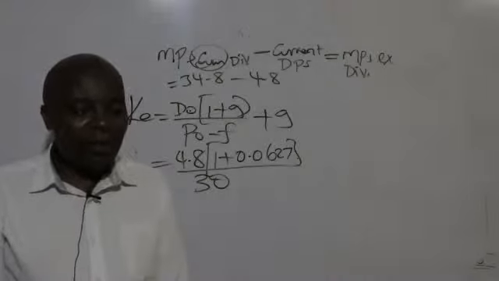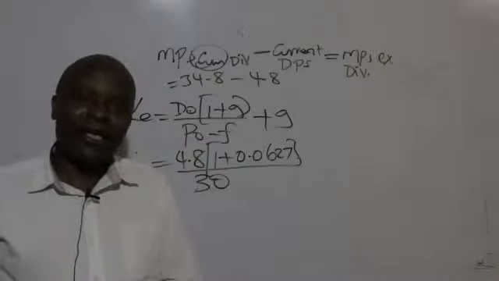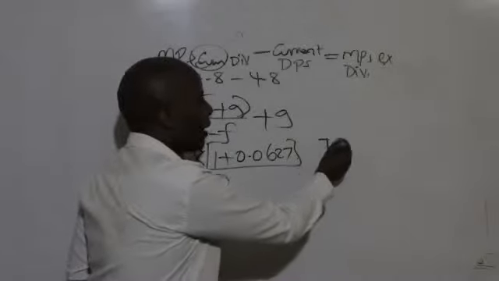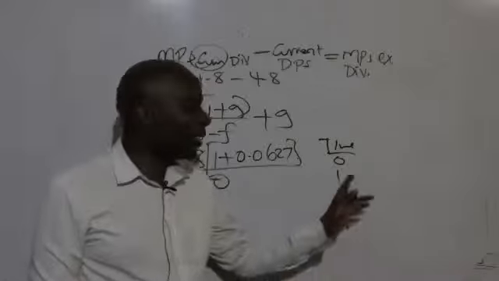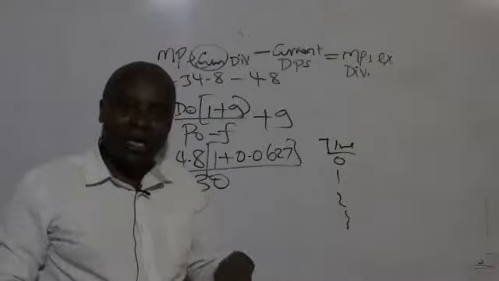The people who discovered these models, Gordon and the rest, decided to call it time zero, the way you have time 0, 1, 2, 3. So it is dividend at time 0, today's dividend.